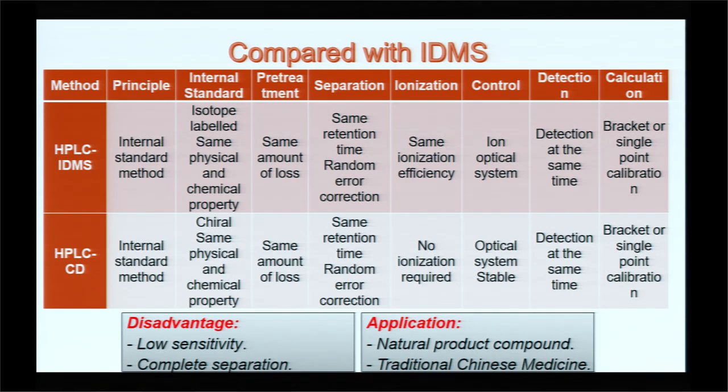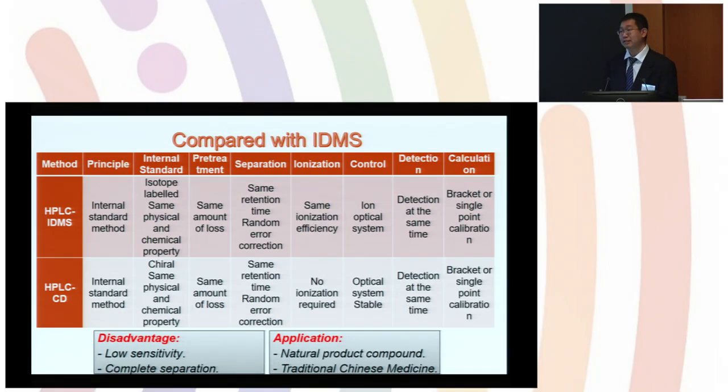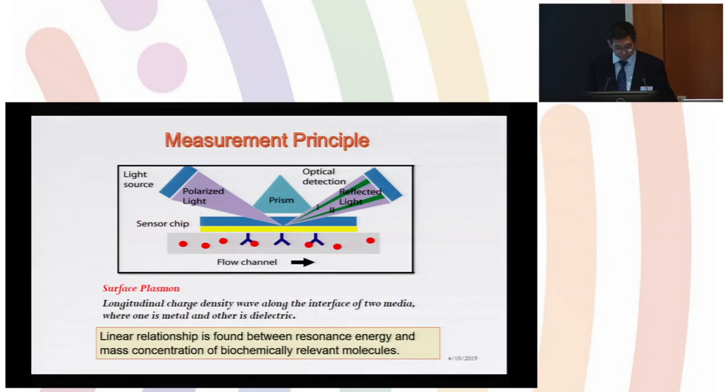And this method needs complete separation of target from the interferences. The potential application for this method can be used for amino acid analysis, protein purity analysis, and maybe it can be used for natural product, compound, traditional Chinese medicine analysis.